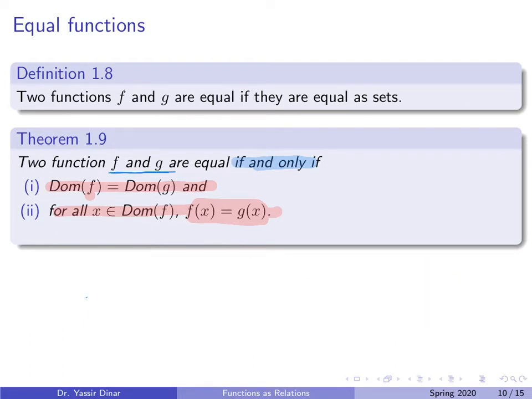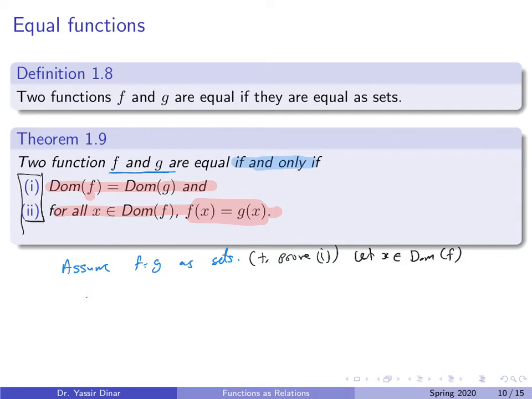Let's prove the other direction, and we assume that f is equal to g as sets. I want to prove that these two conditions 1 and 2 are satisfied. So to prove 1, we take x as an element in the domain of f.